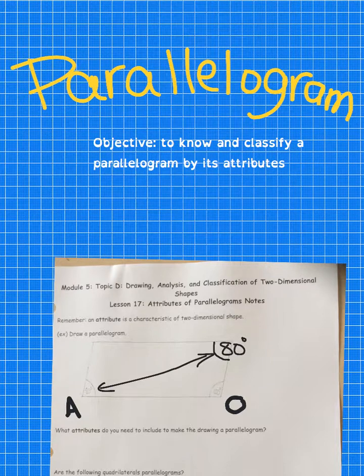Which also means if this one over here is 100, the one opposite it, or down the diagonal, is also going to be 100. Okay? Opposite angles must be equal. All right? So that's our first attribute of a parallelogram.